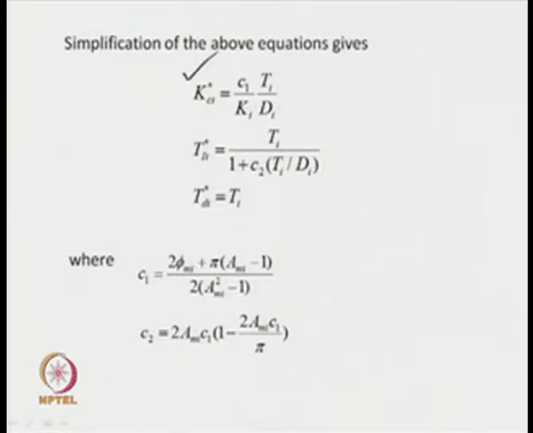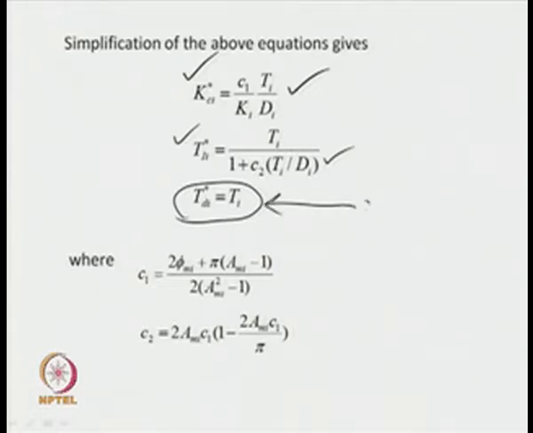equal to C1 upon Ki, Ti upon Di, TII star is equal to Ti upon 1 plus C2 times Ti upon Di, and already we know that Di star is equal to Ti.